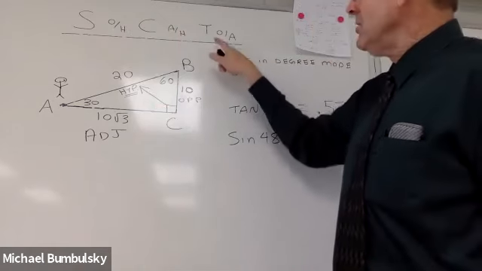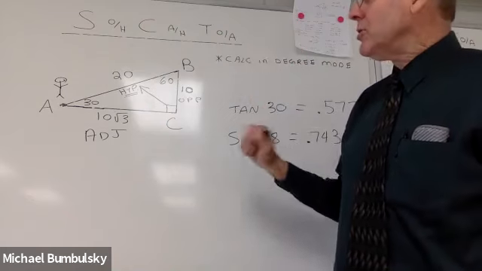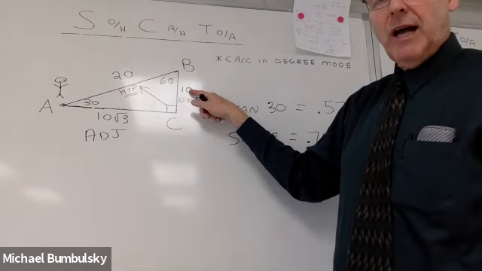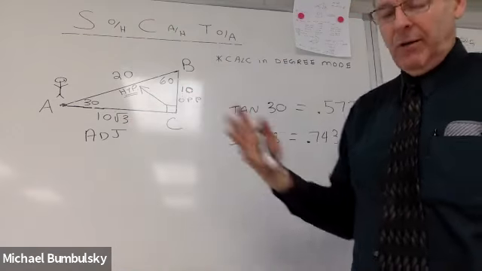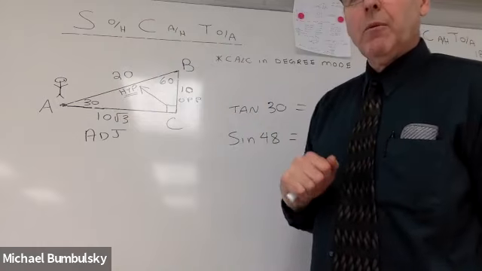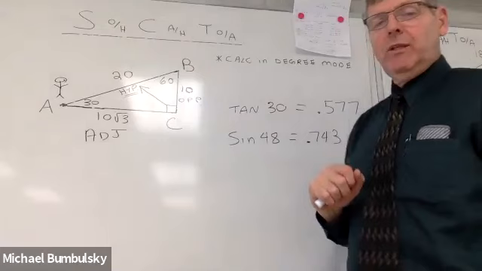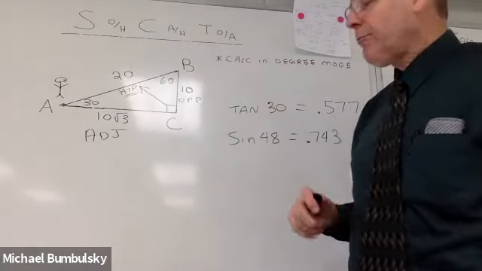Tangent is opposite over adjacent. That one can be larger than 1 because sometimes this side is longer than this side. And if this is the opposite, then this is going to be a number greater than 1. But sine and cosine always have to be between 0 and 1. So keep that in mind as you solve problems.